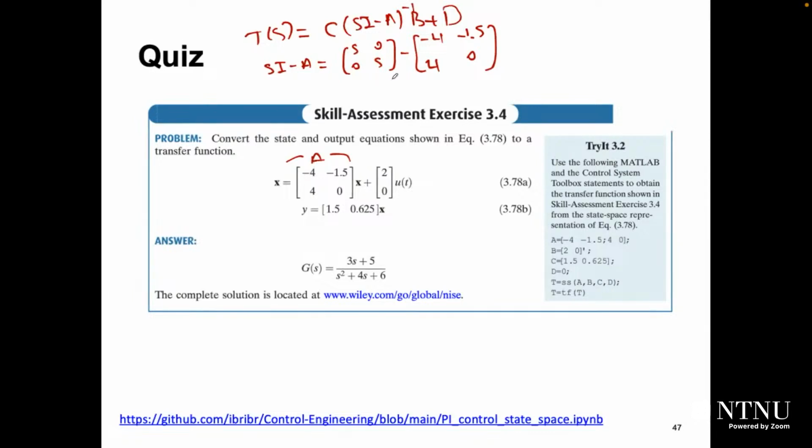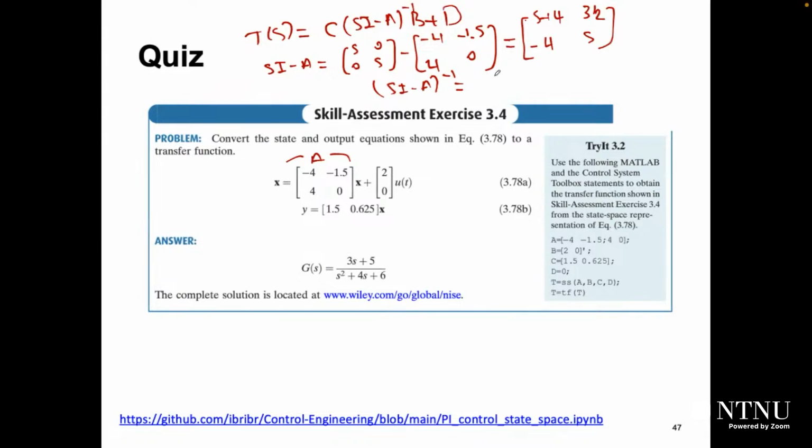If we need to get the inverse, which is SI minus A inverse, it will be the adjoint divided by the determinant. First, I need to write this one. So this one will be S plus 4, S plus 4. And we have here the divided by 2, right? Positive. We have here minus 4. We have here 0 minus, or S minus 0, it will be S. Now we need to get the inverse of this one.